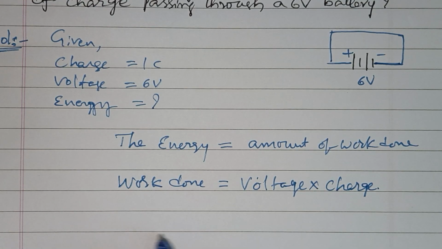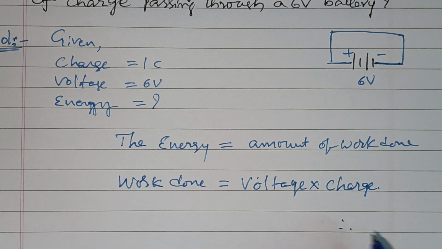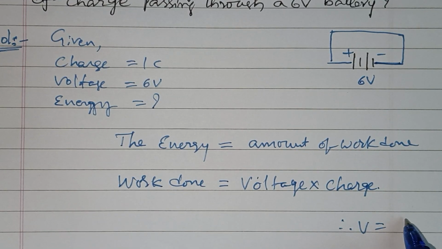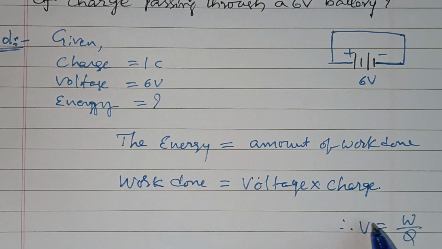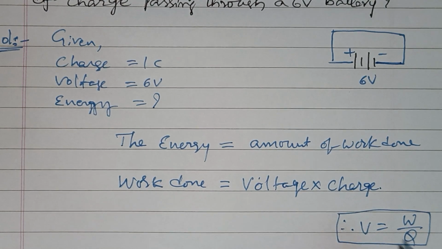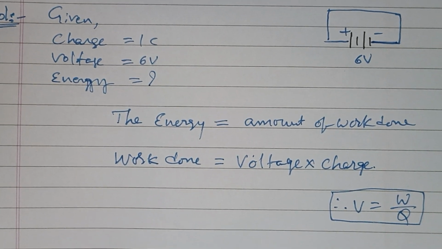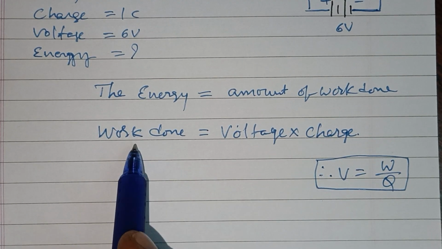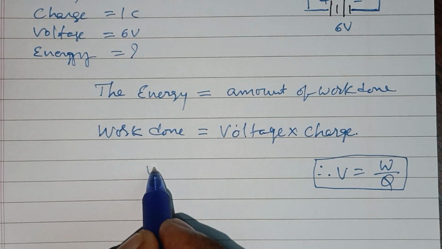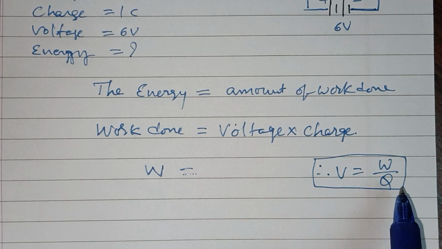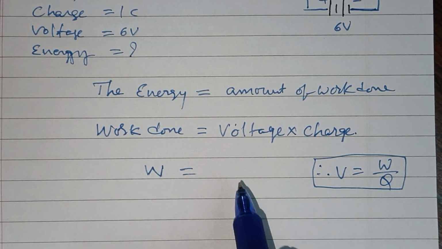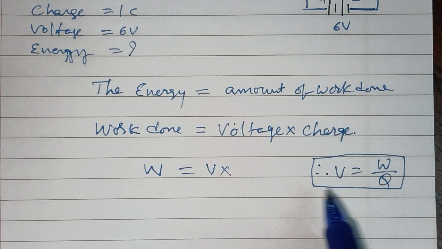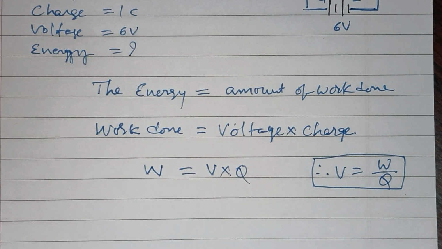Since we know that voltage is equal to work done by charge, from this formula we got this one. Voltage or potential difference is equal to work done by charge. From this, if you rewrite this formula, W is equal to voltage into charge, V into Q. Work done is equal to V into Q.